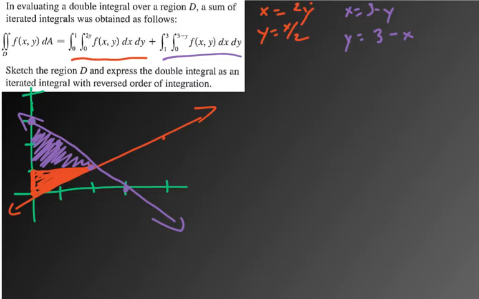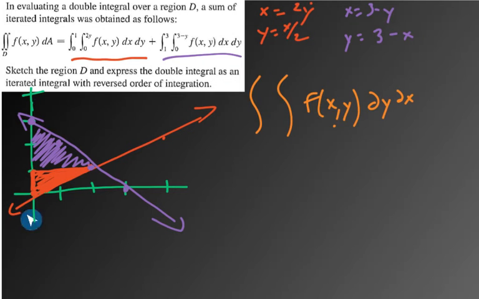Now, forgetting the function in here, this time they're asking us to switch it to dy dx. We need to look at a lower bound right here, and then going up to this line here. And x is going to be 0 to 2.